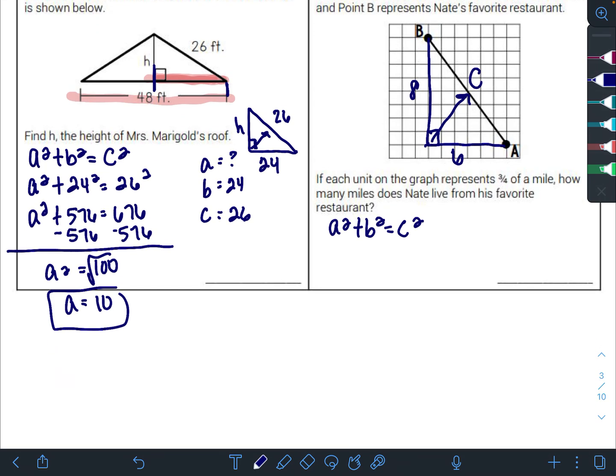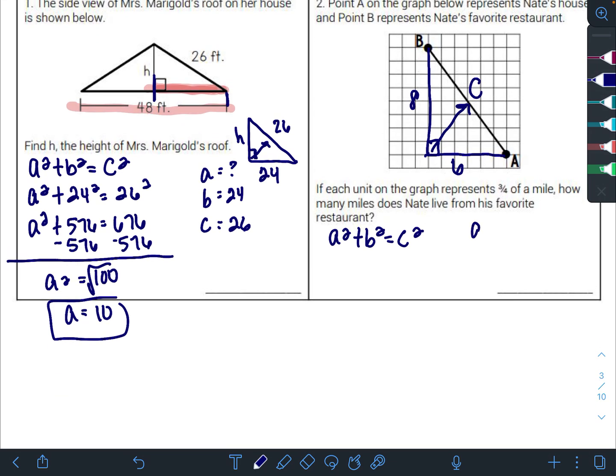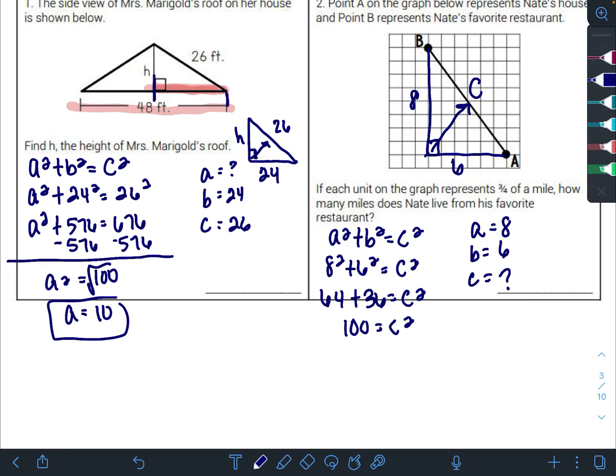So if I have A, B, and C, I have 8, 6, and I'm looking for C. So I'm going to have 8 squared plus 6 squared equals C squared. So I have 64 plus 36 is equal to C squared. And I get 100 is equal to C squared. So again, I need C just by itself, so I've got to take the square root. So I get 10 is equal to C.